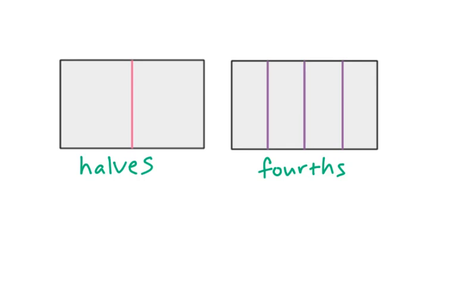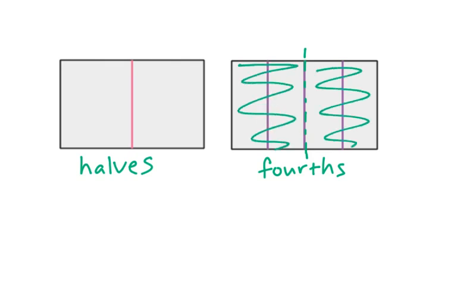Do you see where a half is on the fourths? Right here. So we can see that on the fourths we also can show our 2 halves. So this would be 1/2 and this would be 1/2.